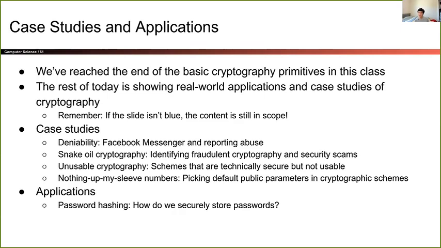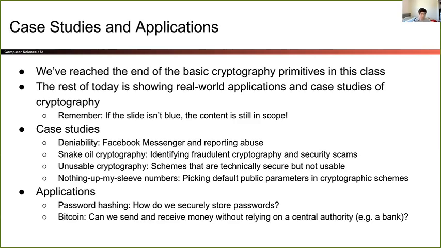In terms of applications, we're going to talk about password hashing, which is really just how do we apply the principles of hashing to securely store passwords. And in fact, there's two more: Bitcoin and Signal. Most of you have heard of Bitcoin. It's a money, quote unquote, system that doesn't rely on any central authority.